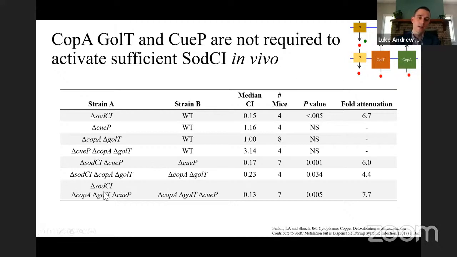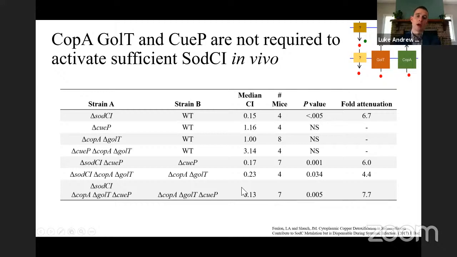And if we knock out SOD1 in those mutant backgrounds, we still see that a SOD1 mutant is statistically attenuated relative to the parent strain. So again, this suggests that SOD1 is sufficiently active in that background to be fully virulent.